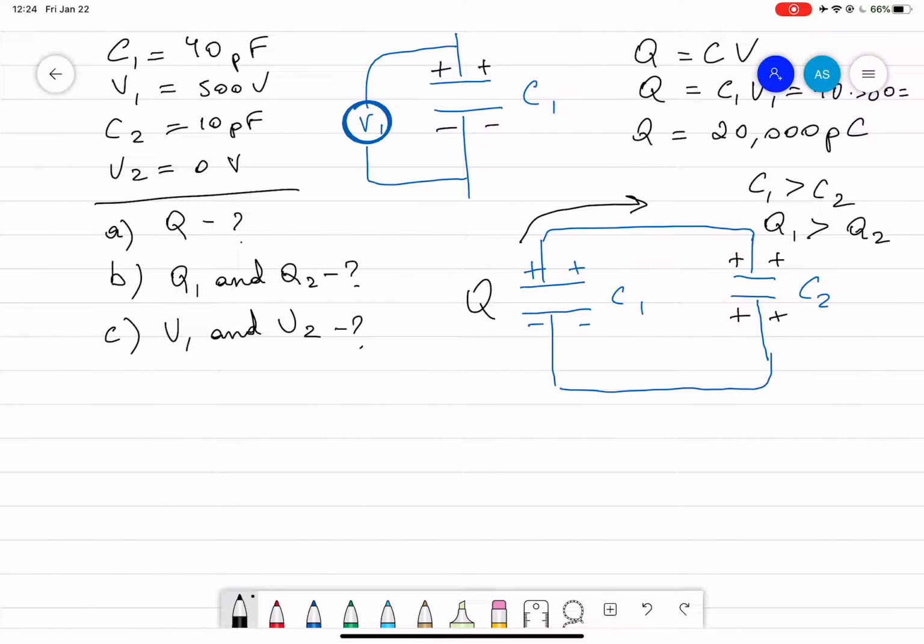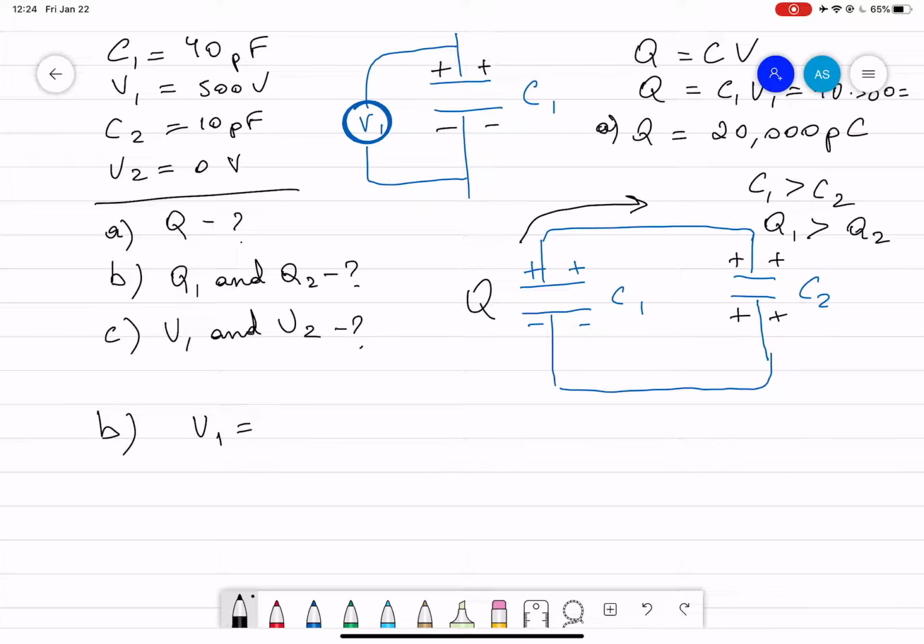So in part B, so this was part A. Then in part B, we have to find the charges Q1 and Q2 when the second uncharged capacitor is connected to C1. Now, the thing that you have to know is that when capacitors are connected in parallel, the potential difference will be the same.